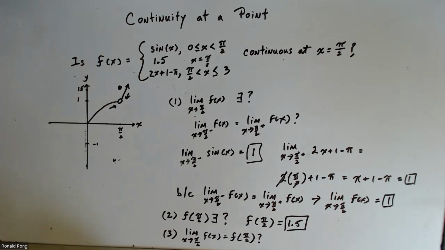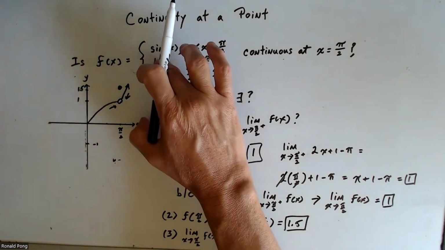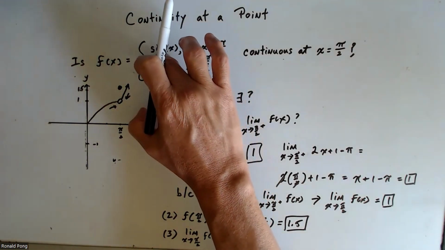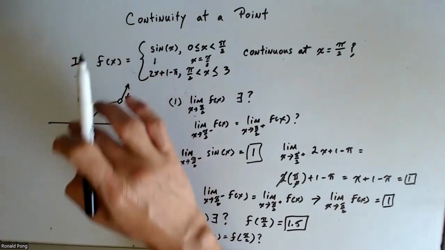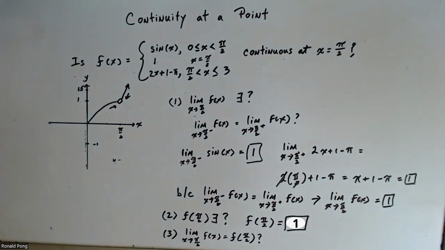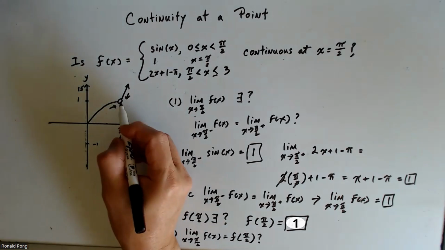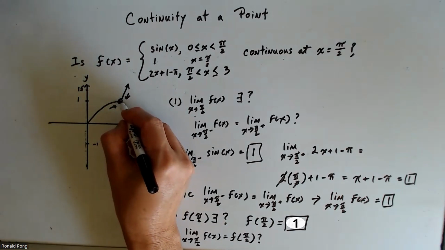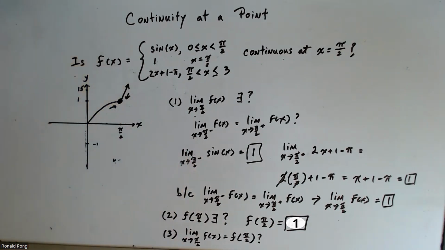But what we can do is, if we redefine our piecewise function to say that f of x equals 1 when x equals pi over 2, what we have done is we have removed the discontinuity at x equals pi over 2, hence a removable discontinuity.